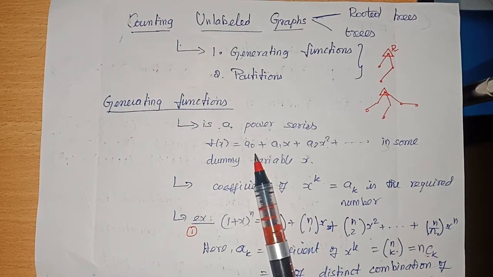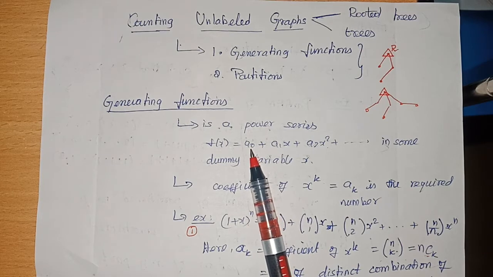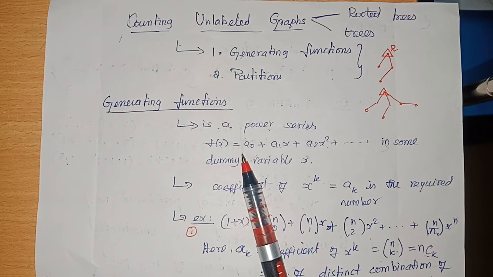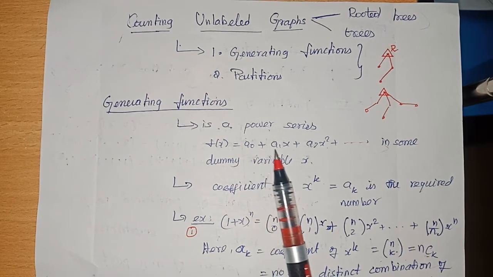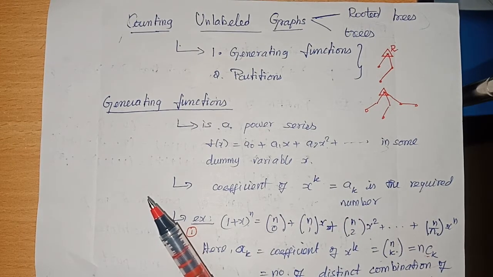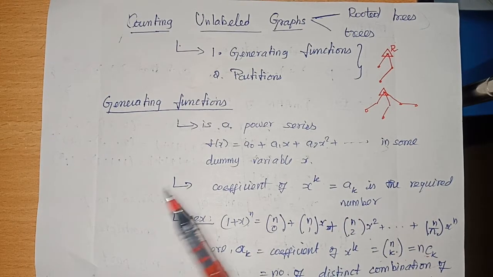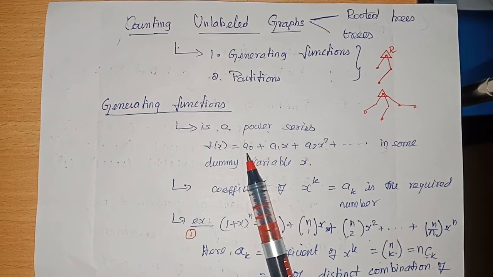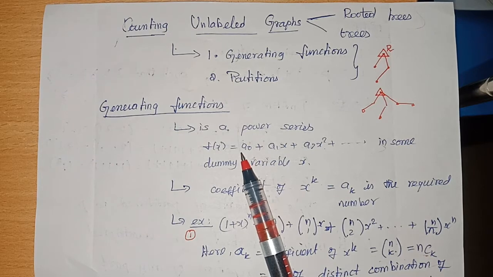Suppose I have generated such a function for a graph, for example, rooted unlabeled tree. What do these coefficients a0, a1, a2, etc. mean to your graph? Here, a0 represents the counting of unlabeled rooted trees with 0 edges.